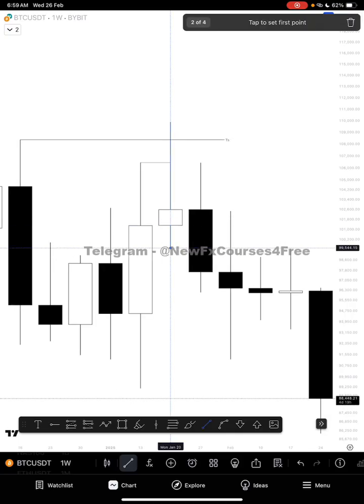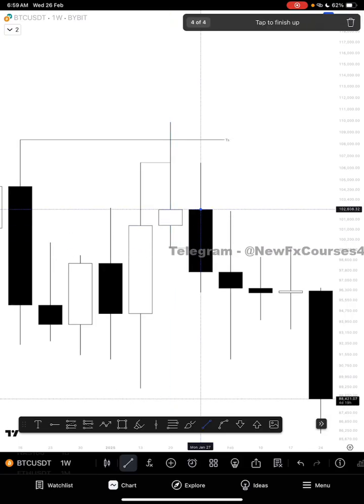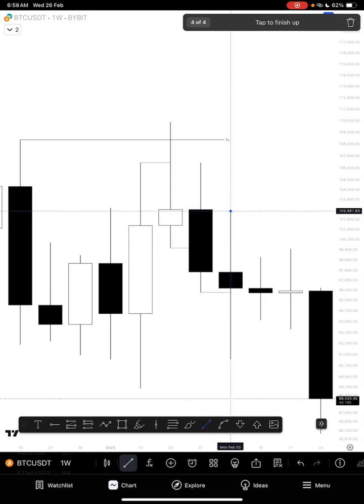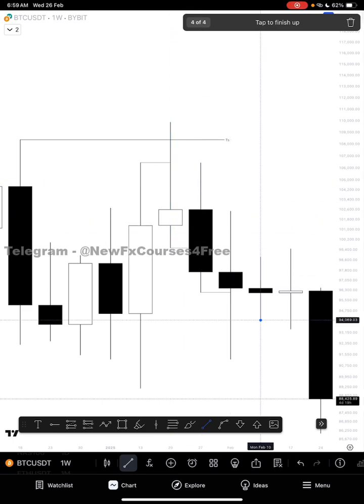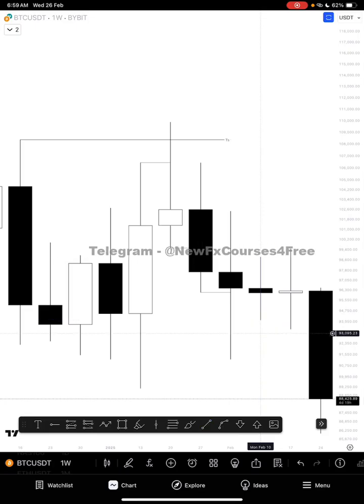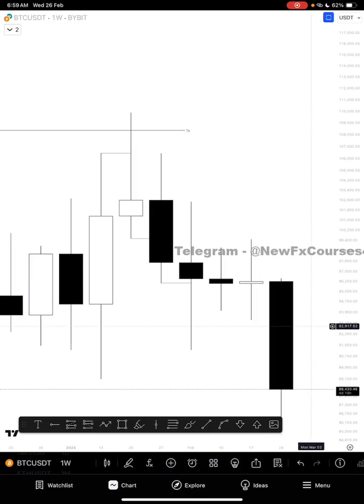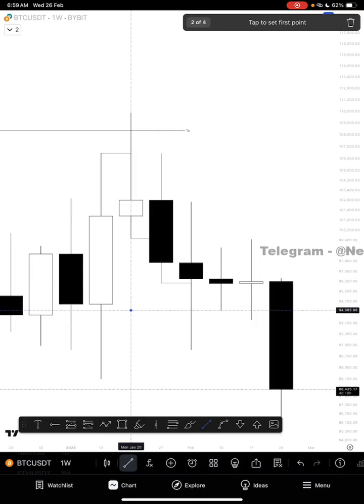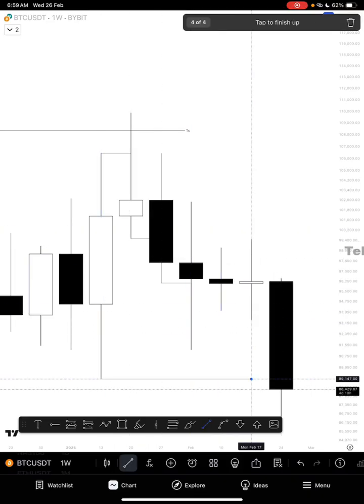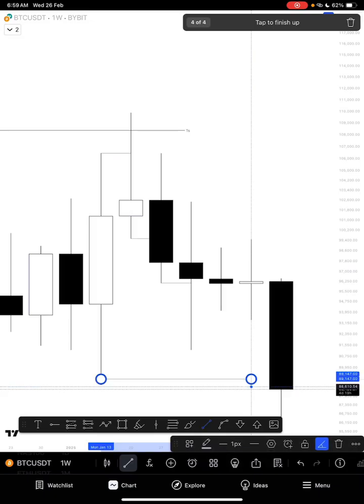Wick above, close back into the range, lower prices. So here, continuation for bearish movement, lower. Then here, this was actually a retracement profile to this order block. Then we continued going lower till we took out the opposing side of the range.